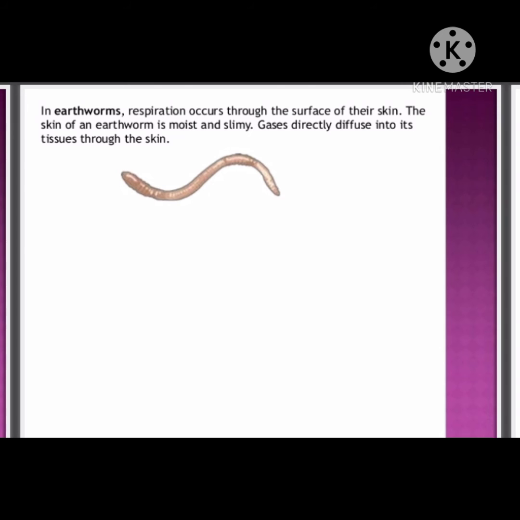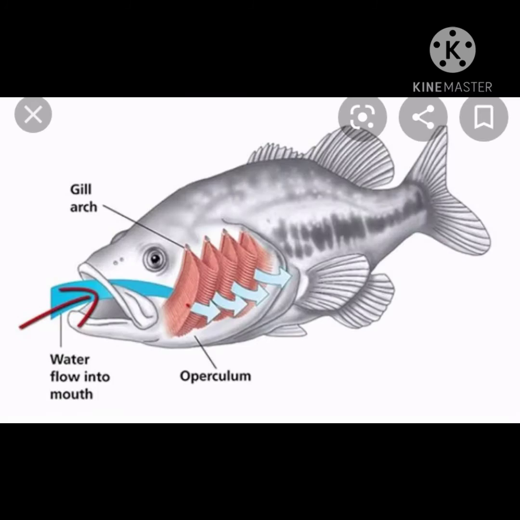If the skin becomes too dry, it is unable to absorb oxygen and the organism may die. Like that, frogs can also take in air through the skin as well as the lungs. While on land, a frog respires through its lungs. While in water, it respires through its skin.